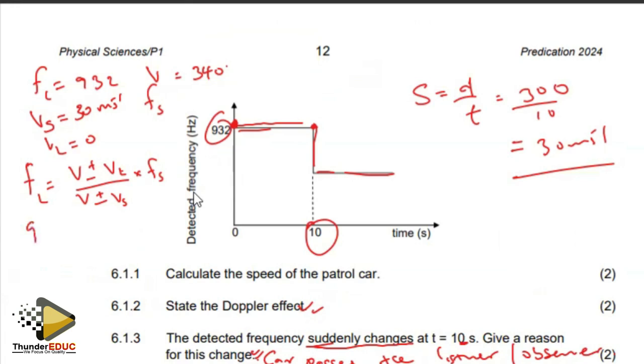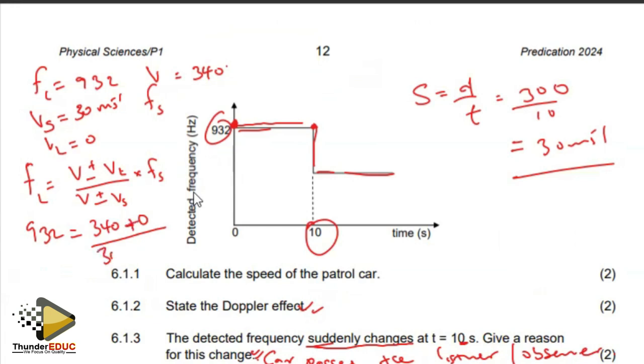This is going to be 932 is equal to my 340 minus the velocity of the listener, which is 0. Am I using a minus? That's going to be a plus since it's approaching.